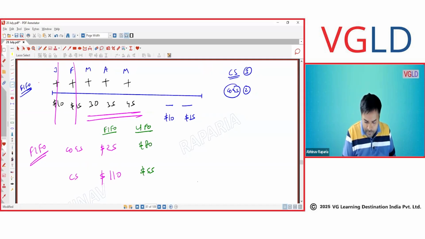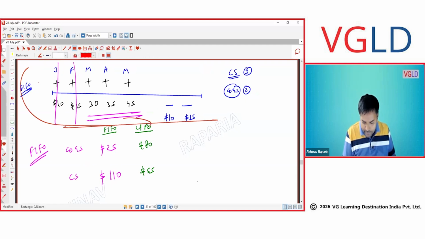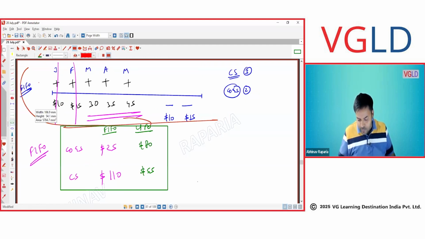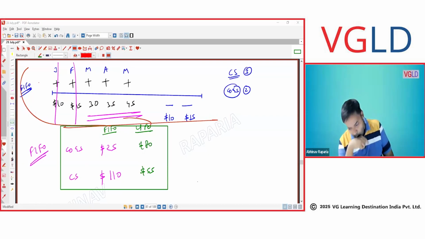Forget everything else. Just look at the table. Just look at what we have made here. In this, where is my COGS higher, FIFO or LIFO? LIFO. Is my point clear?